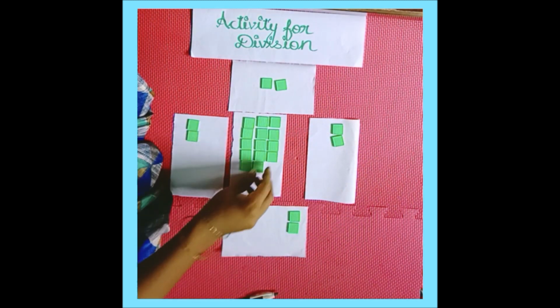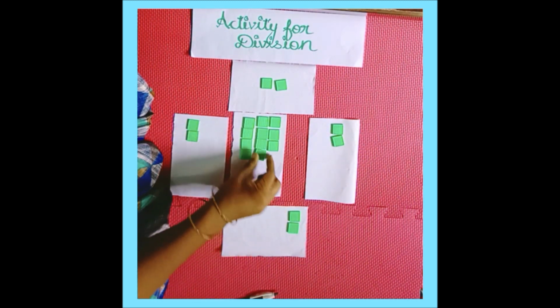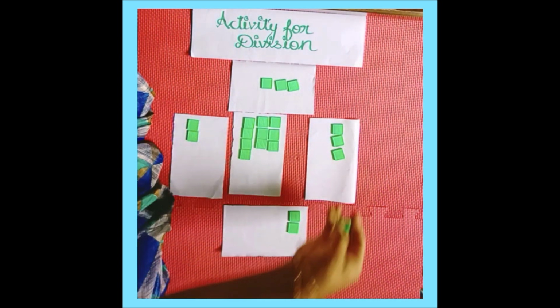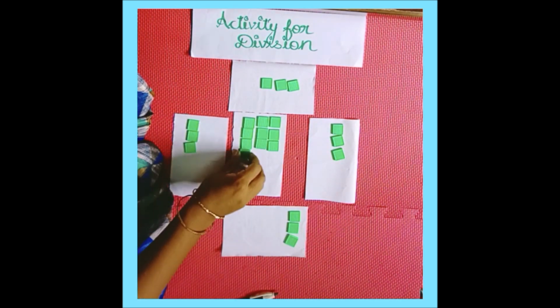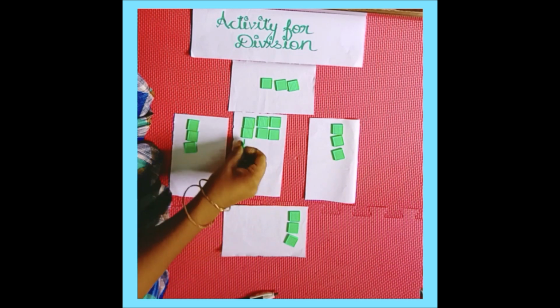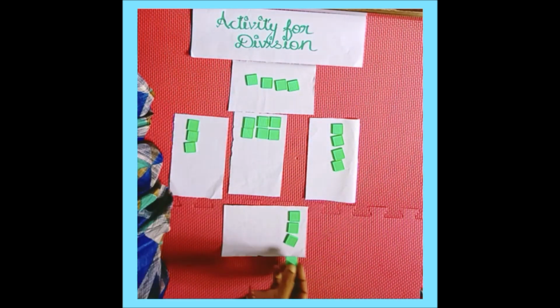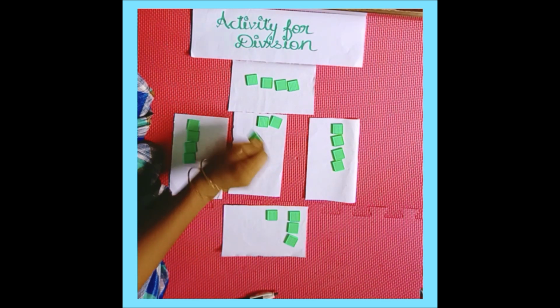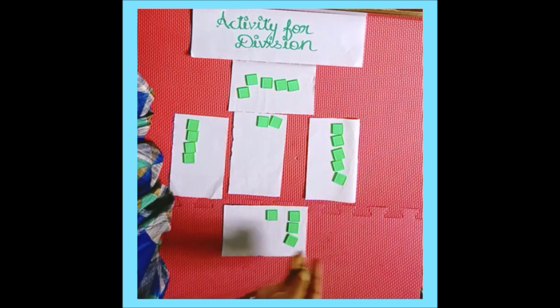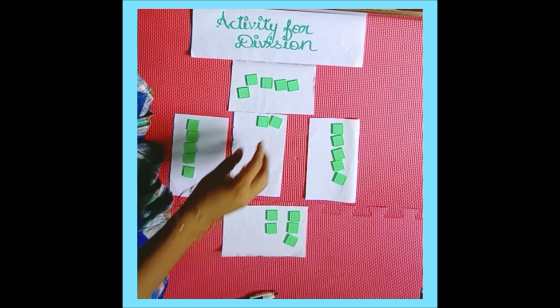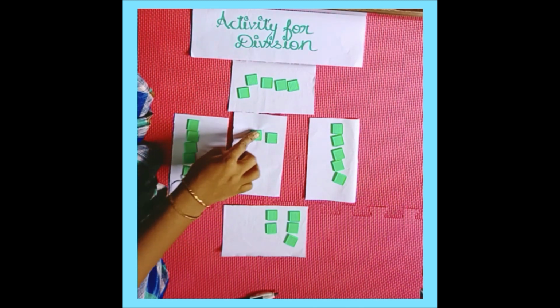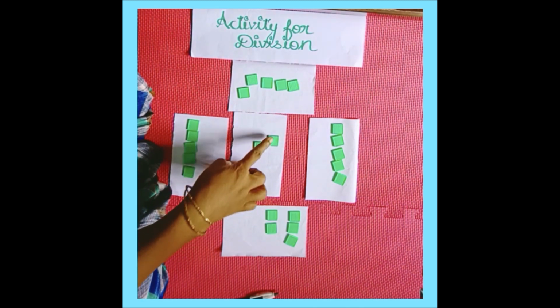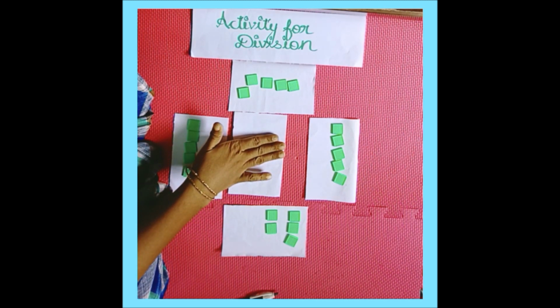The number of coins in each part gives you the quotient. Again take 4 coins at once and give 1 to each part. At last we try to take 4 coins but we have only 2 coins. So you have to stop the process up to this.